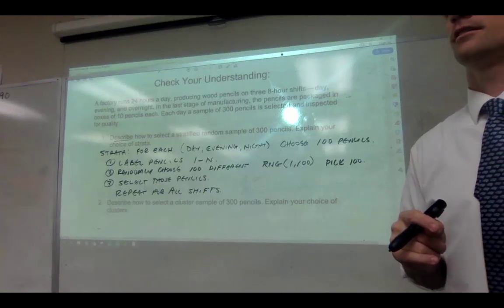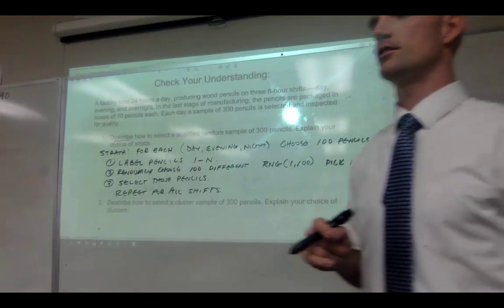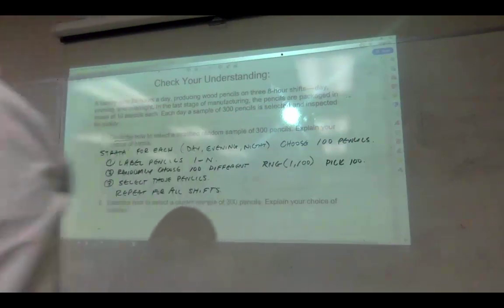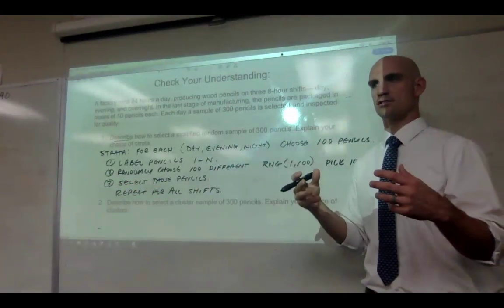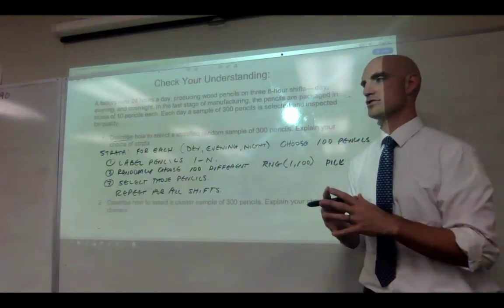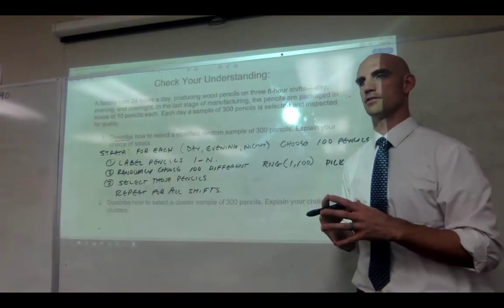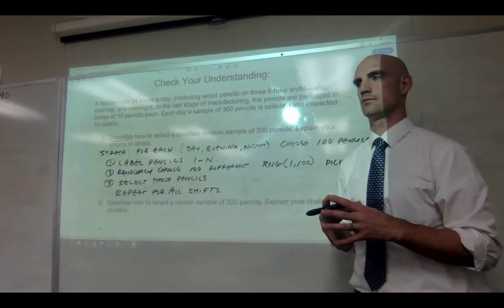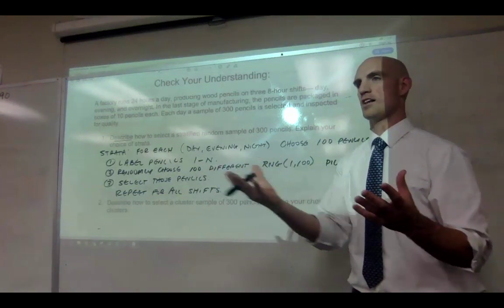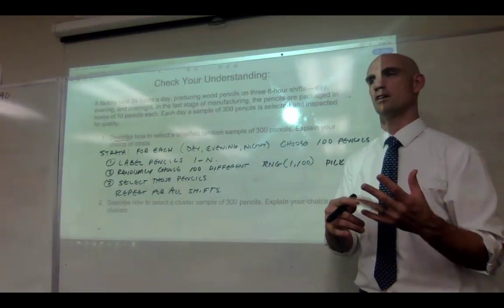Does not represent it properly. What's the problem with trying to pick 300 pencils and making the shifts the clusters and then taking all the pencils from a given shift? It does not account for the other 2 shifts. That's not 300 pencils.